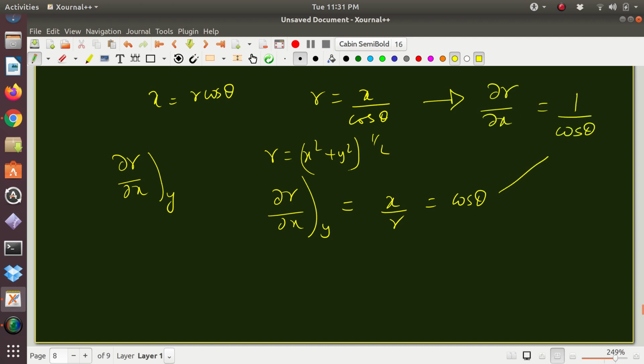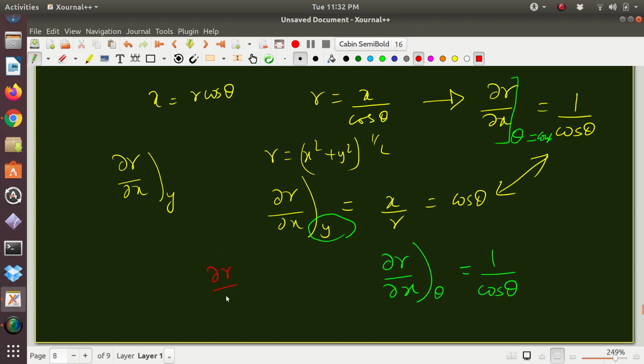Now what's the catch? Here partial r partial x is cos theta, here partial r partial x is 1 by cos theta. Well, I deliberately hid this fact. When I differentiated this with respect to x, I'm keeping theta constant, whereas here I'm keeping y constant. So partial r partial x at constant theta is 1 over cos theta, whereas partial r partial x at constant y is simply cos theta.